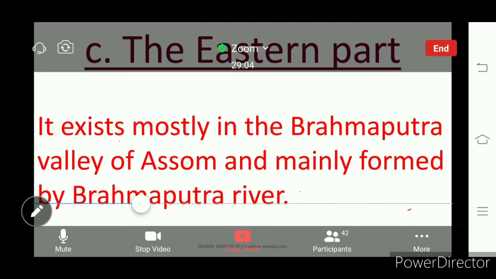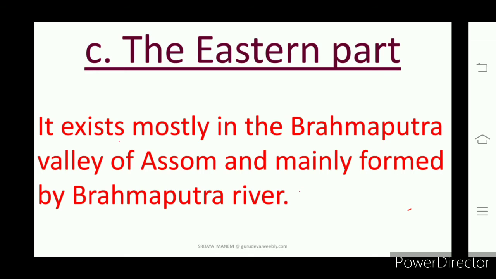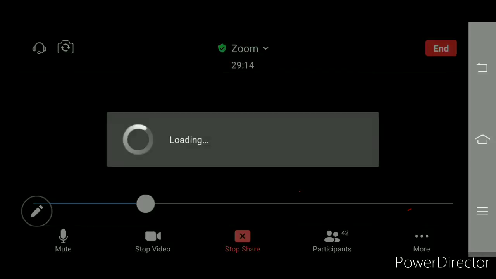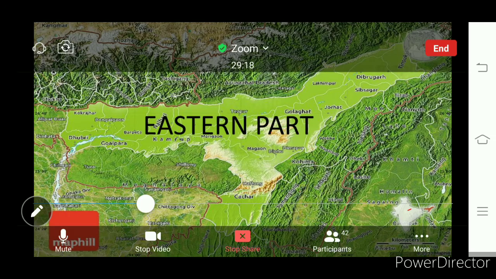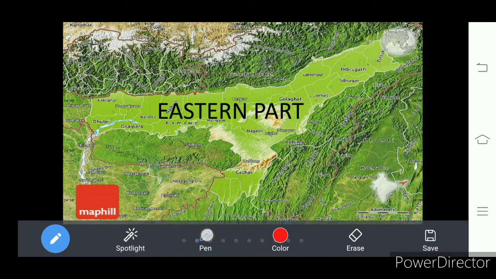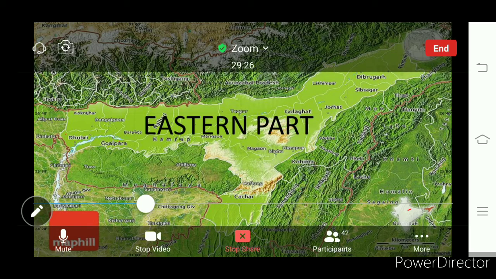Okay, so here this eastern part of the Indo-Gangetic plains is formed by the river Brahmaputra, which is in the Assam Valley. Okay, look at here. This is the eastern part. Understand? Let me zoom it.